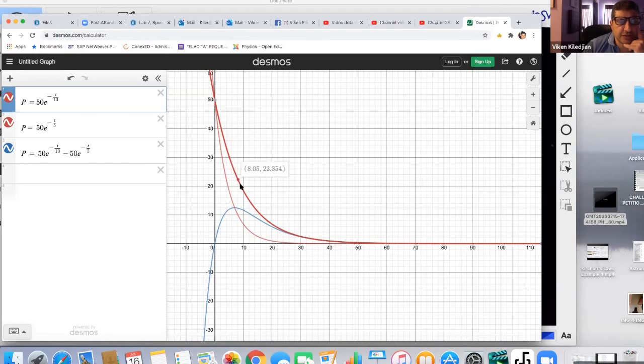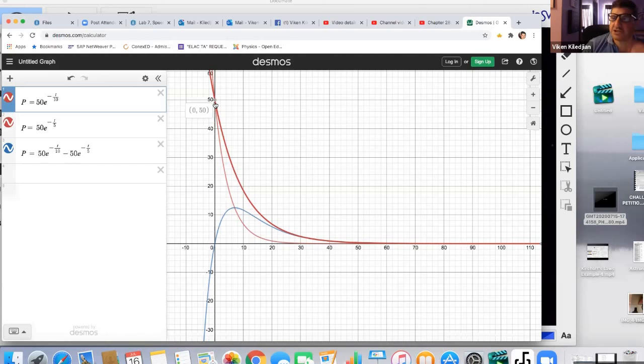So it's going down, and then eventually the rate at which it's producing is going to be 0. At the end, it's not going to be producing anything. It plateaus.